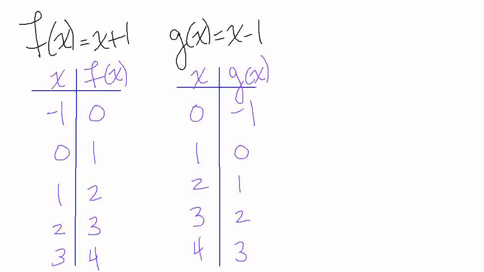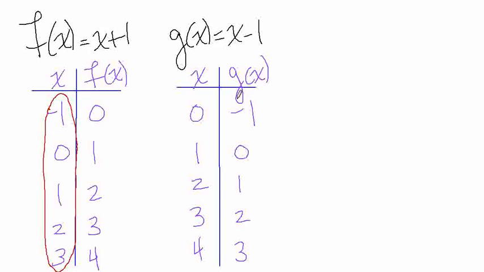Notice that if you swap the columns of numbers for each table, you get a table that looks like the other one. For example, the left column of the left table has what values? Minus 1, 0, 1, 2, 3.